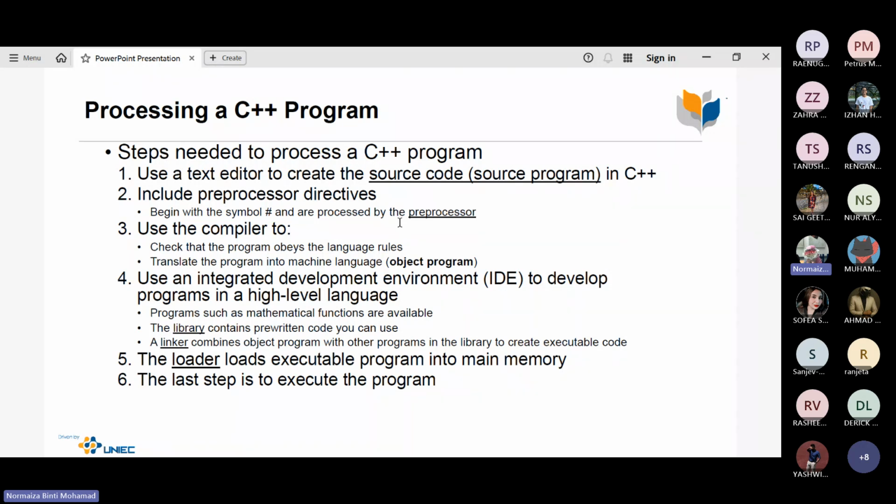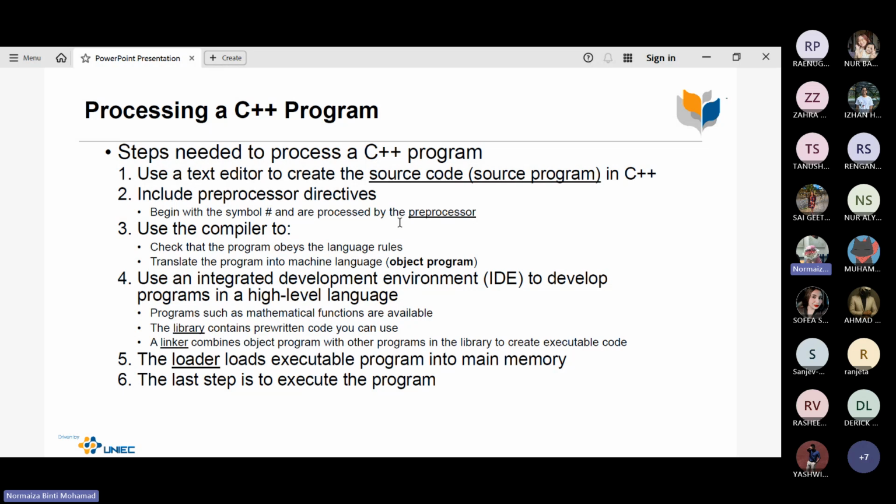Use the compiler to check that the program obeys the language rules. Translate the program into machine language. That's the object program.